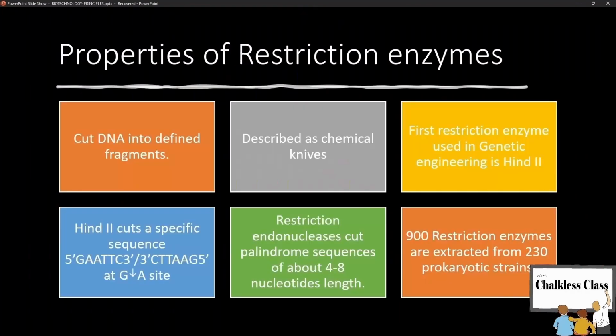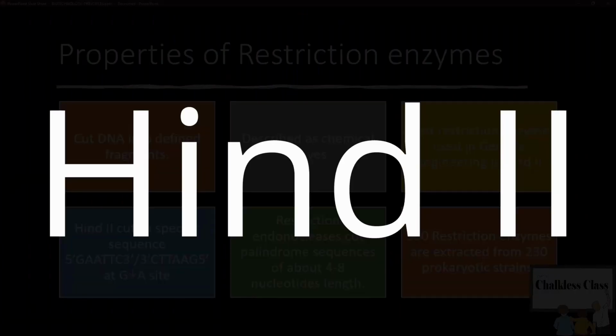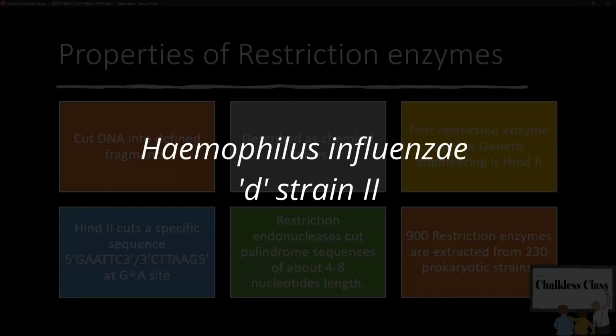What are the properties of restriction enzymes? These cut DNA into defined fragments, and these are generally called chemical knives or molecular scissors. The first restriction endonuclease used in genetic engineering is HindII, Haemophilus influenzae Rd strain 2.